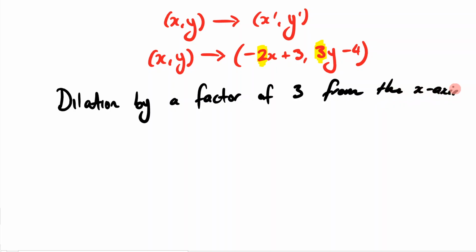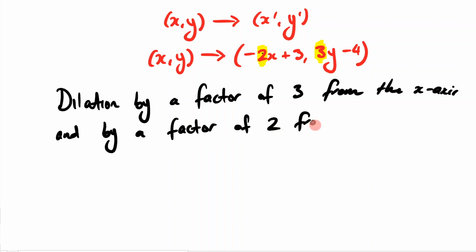So I have a dilation by a factor of 3 from the x-axis, and we know that because it's affecting the y, which means, you know, it's from the x-axis. Don't get confused there. Then we've got this 2. So we're going to say, and by a factor of 2 from the y-axis.